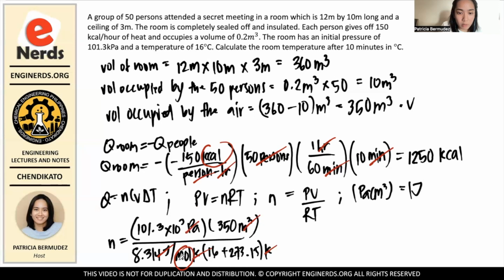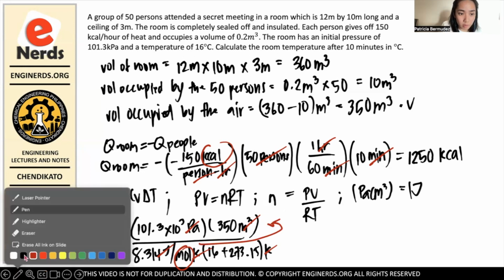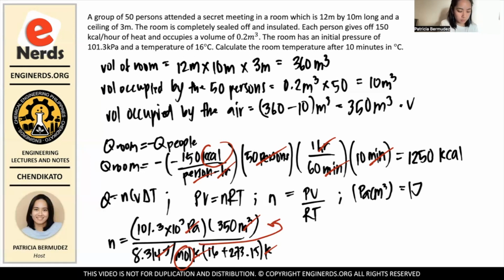This one is in the denominator, so it goes to the numerator now, and that will be the unit for moles, right? So let's calculate. 0.3 times 10 is 3, times 350, divided by 8.314 times 16 plus 273.15.